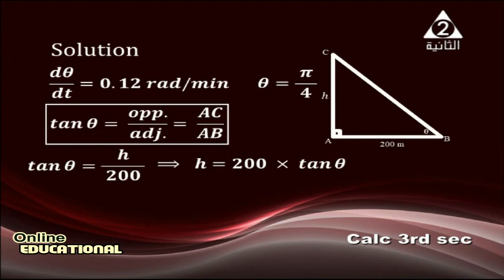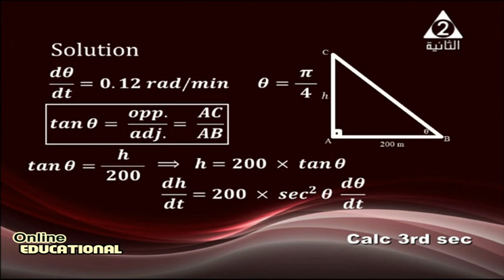By differentiating both sides with respect to the time t, then dh/dt equals 200 multiplied by the derivative of tan θ with respect to time. The derivative of tan θ is sec² θ dθ/dt.